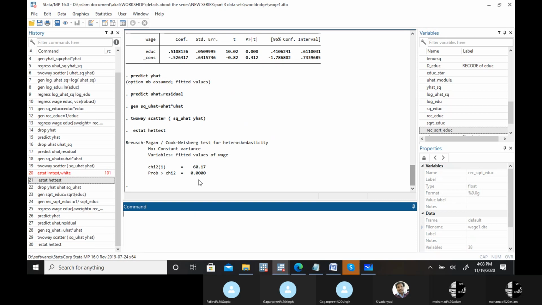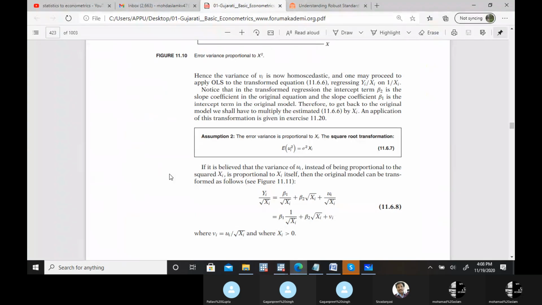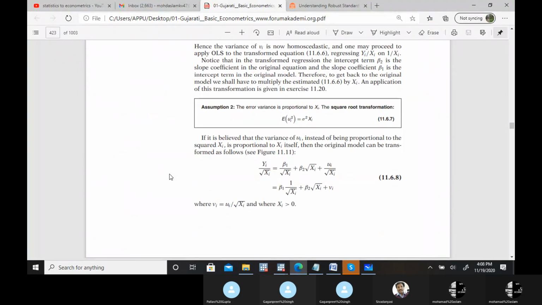The chi-square is getting reduced, but the problem is still there. So similarly, you have to apply all these similar combinations. It's not that you will definitely succeed in reducing this heteroscedasticity. That's not the case. Never think that you will get rid of these problems easily.